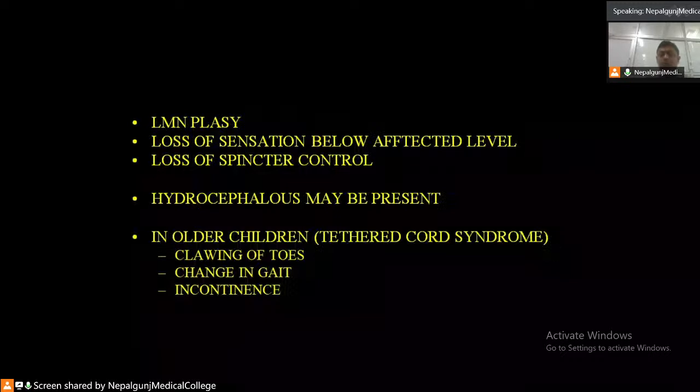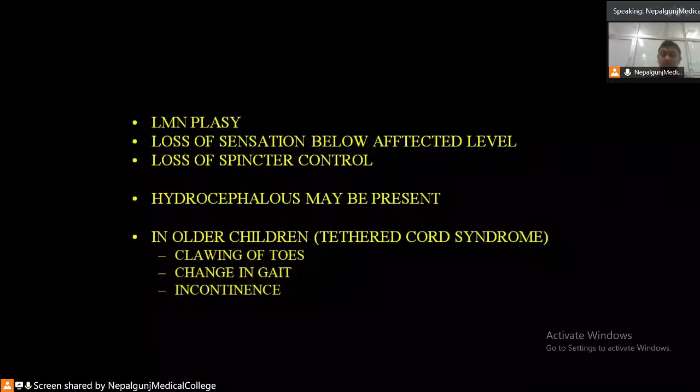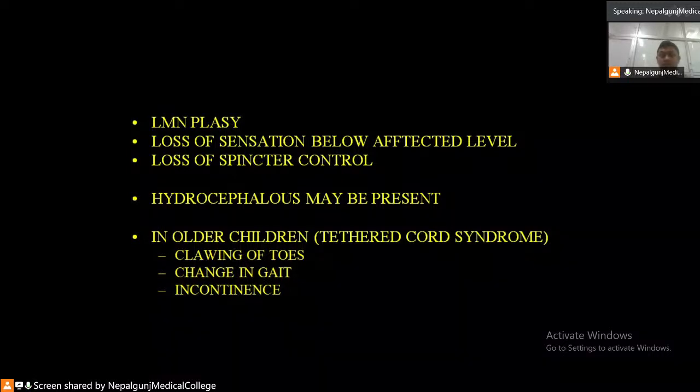It's usually a lower motor neuron palsy rather than upper motor neuron palsy. There is loss of sensation below the affected level, and loss of sphincter control, so bowel and bladder habits are lost. Hydrocephalus may be present in older children. Tethered cord syndrome, which involves clawing of the feet, a change in gait, and bowel and bladder incontinence, is also encountered.